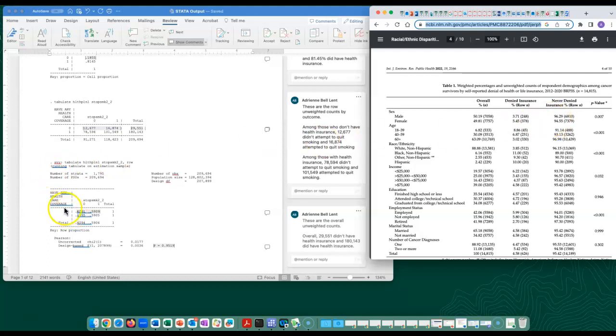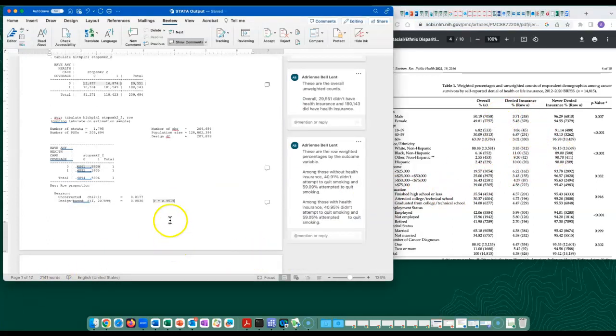If you come down here, among those without health insurance, 40.91% did not try to quit smoking, and 59.09% did try to quit smoking. And then you have that by those with health insurance. So among those with health insurance, 40.95 did not attempt to quit smoking, and 59.05 did attempt to quit smoking. So again, these are your weighted counts. You'll want to put these in these row categories.